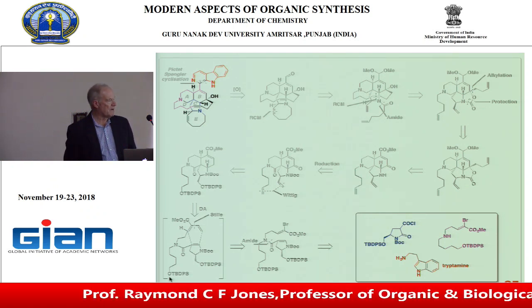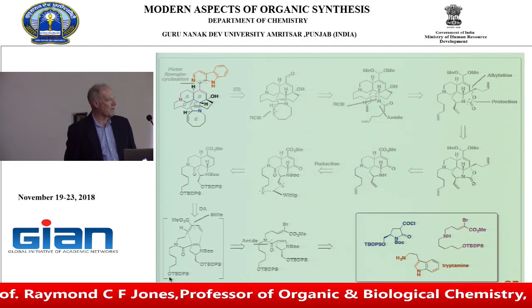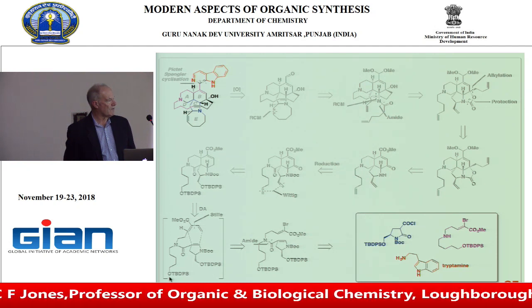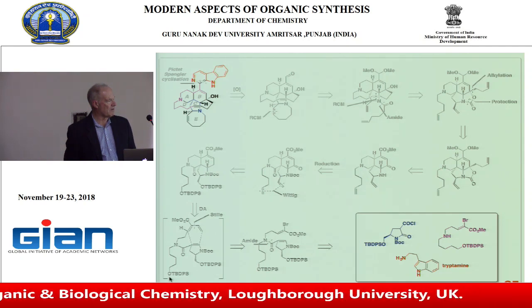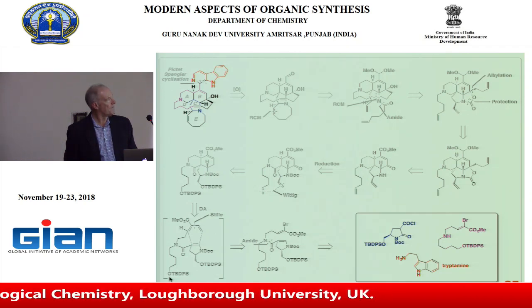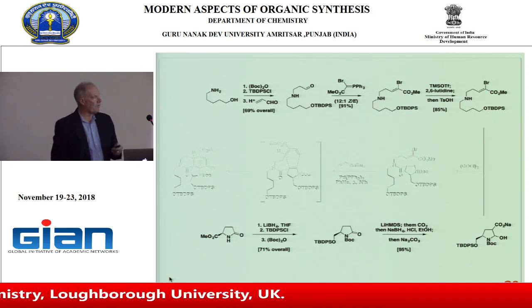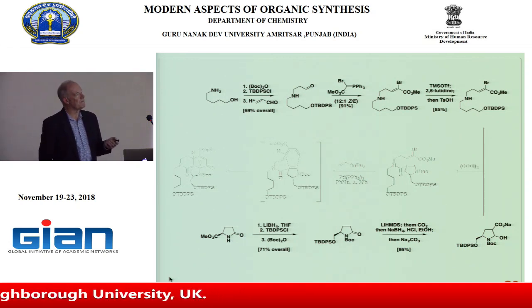Now, tryptamine down here, you don't have to make that. That's commercially available. So what you do have to make are these other 2 pieces. So this shows how they are made.